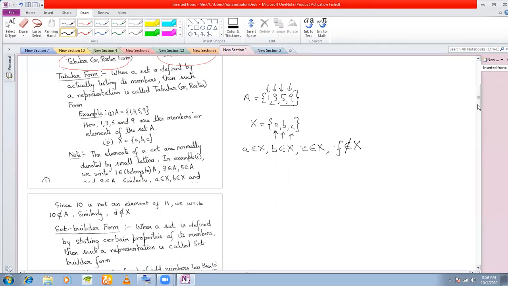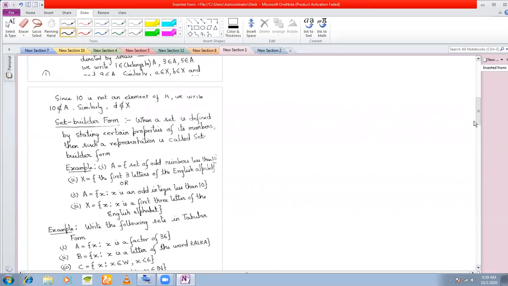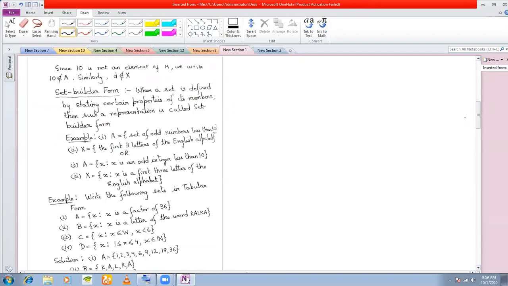Okay, so next is the set builder form. Now, what do you mean by set builder form? In a set builder form, you don't actually write the elements of the set. What you do is you define a certain variable in the set, and then that variable will take various values.